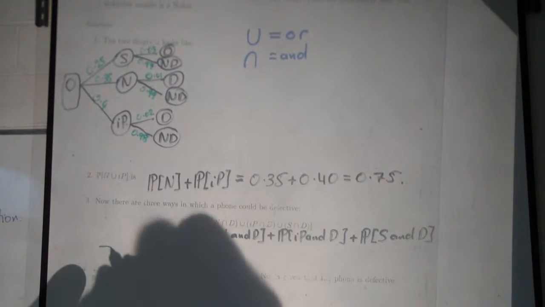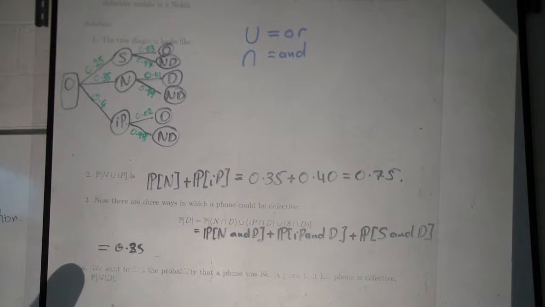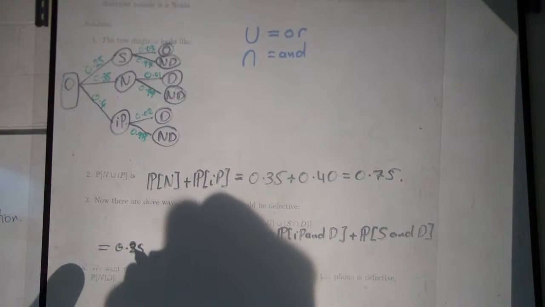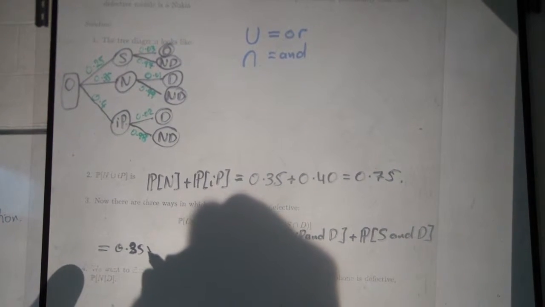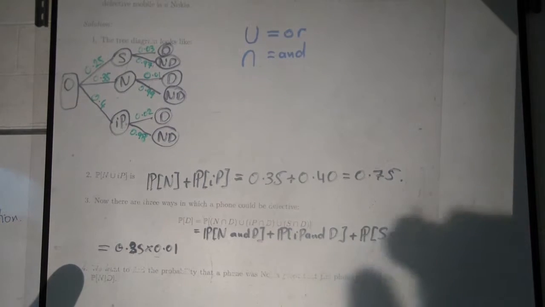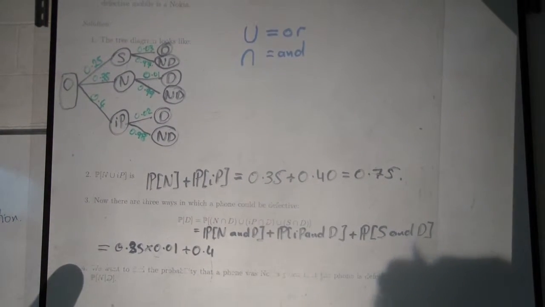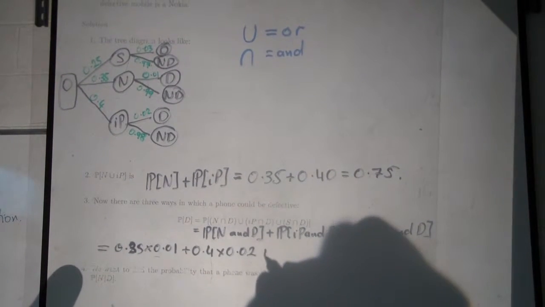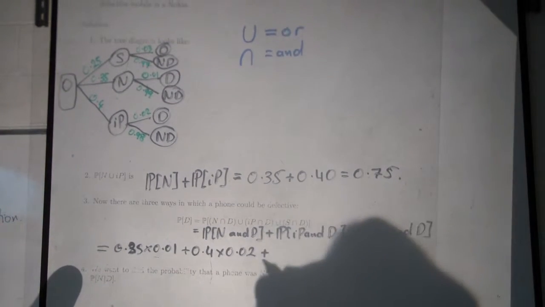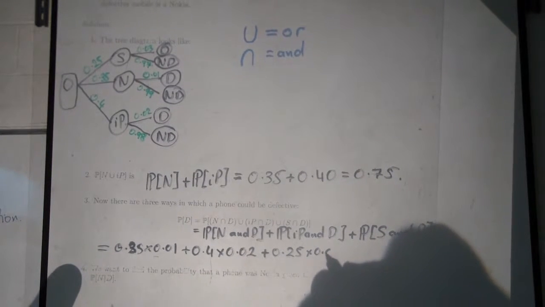So you're going to have Nokia 0.35 and defective 0.01, plus probability iPhone 0.4 and defective 0.02, plus Samsung 0.25 and then defective 0.03.